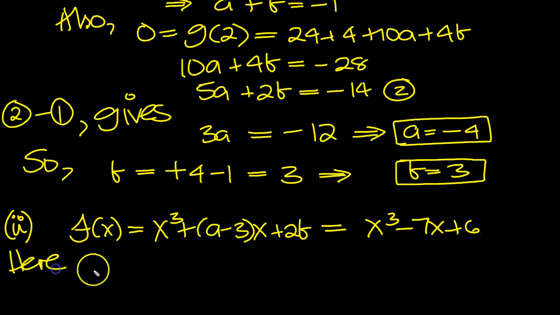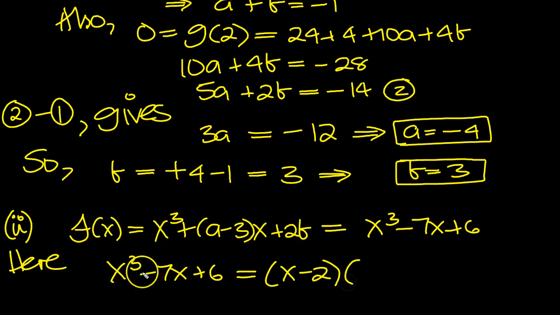Here, x cubed minus 7x plus 6 is equal to, now x minus 2 is a factor, and then it's going to be a quadratic, isn't it, that we don't know. We've used a and b, so I'm going to use a and b again now, doesn't do no harm.